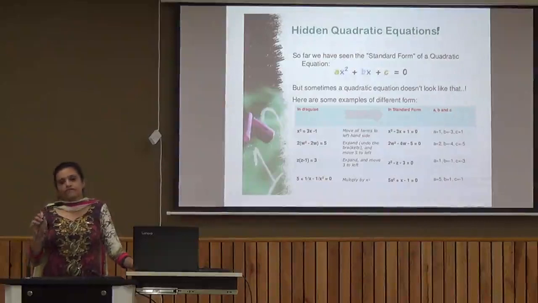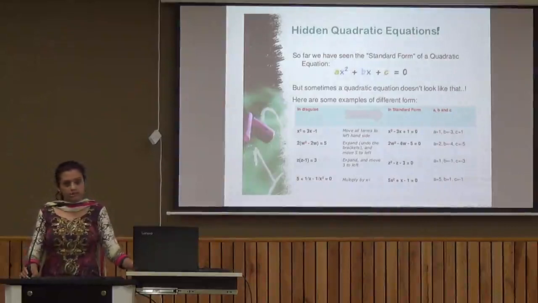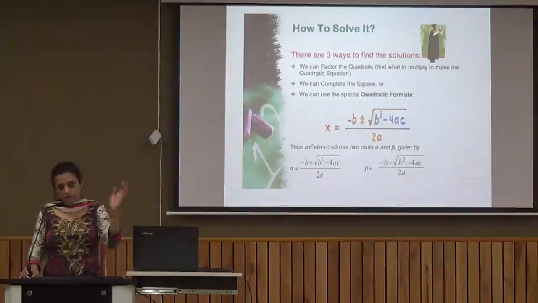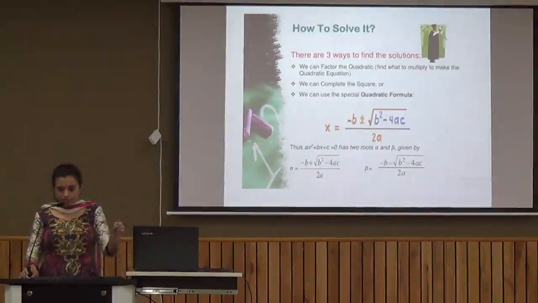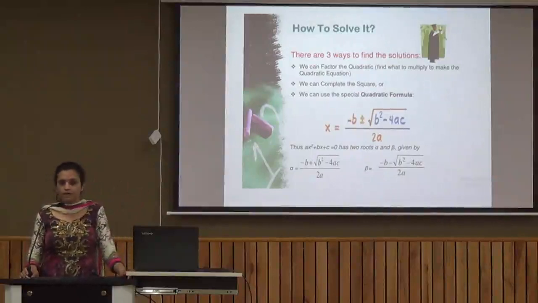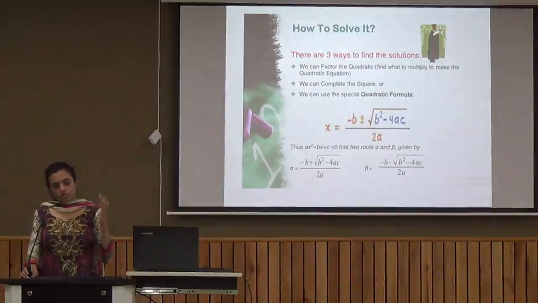What you can do is try factorizing them by splitting the middle term, or by taking common, by using an identity, whatever suits. Then the next one is a foolproof method, which is using the quadratic formula. The third one will be completing the square. That becomes a little tricky, but believe me, if you're able to understand that, it becomes the shortest method to solve. So let's go on to the quadratic formula.